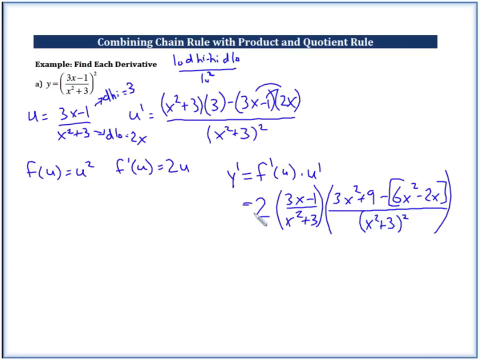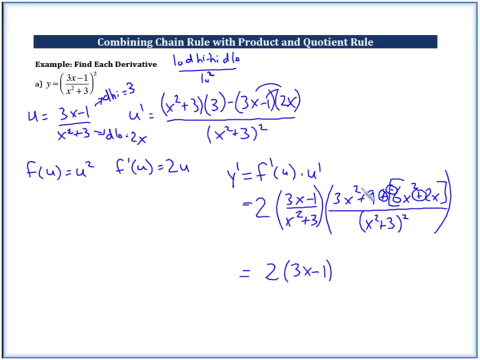Now let's see if we can simplify any more here. In the numerator, we're going to have these factors here: 2 times 3x minus 1. And then in this case, we get minus 6x plus 2x.